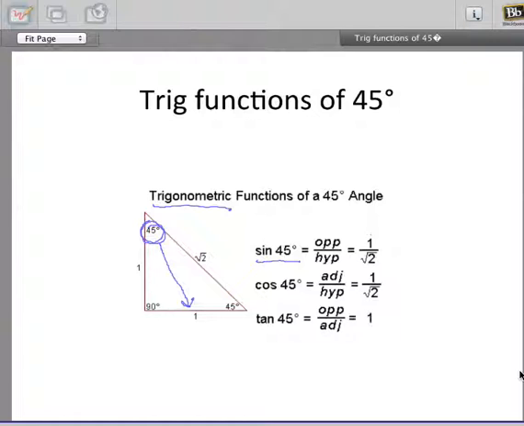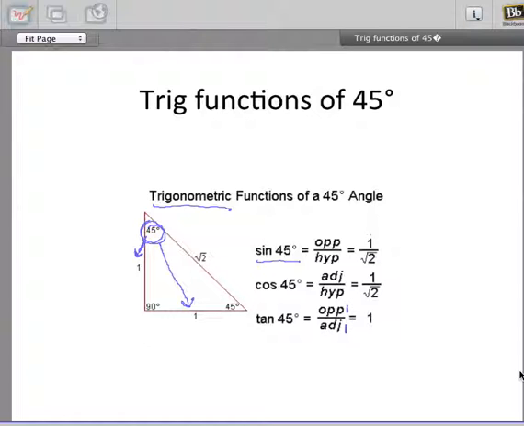Cosine of 45, cosine is the adjacent over hypotenuse. The adjacent side is the one right next to, so that's going to be your 1 over the hypotenuse, radical 2. Notice the radical 2 is next to the 45 as well, but he's not adjacent because he's always hypotenuse. Tangent of 45 is the opposite, which is 1, over the adjacent, which is 1.